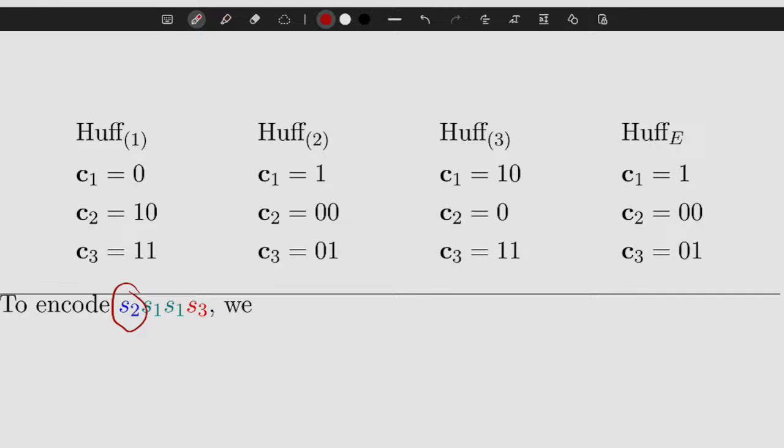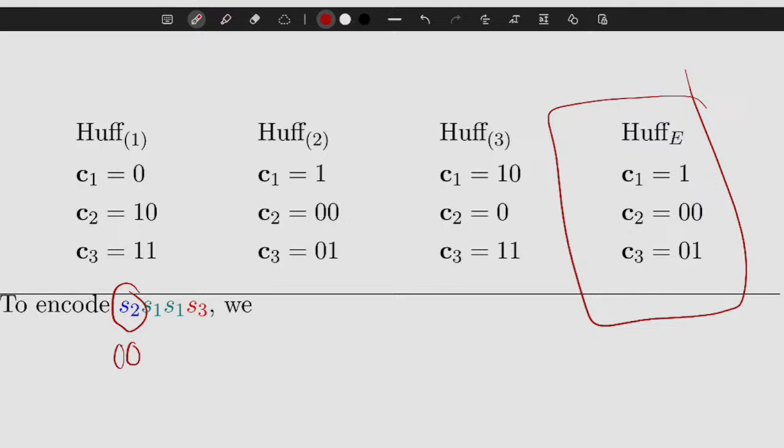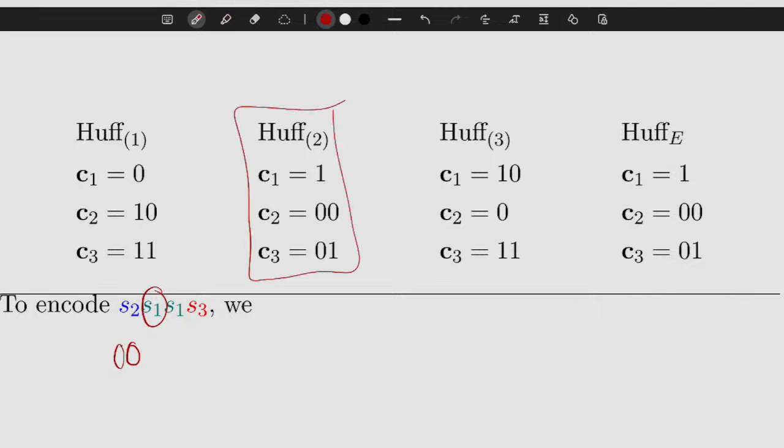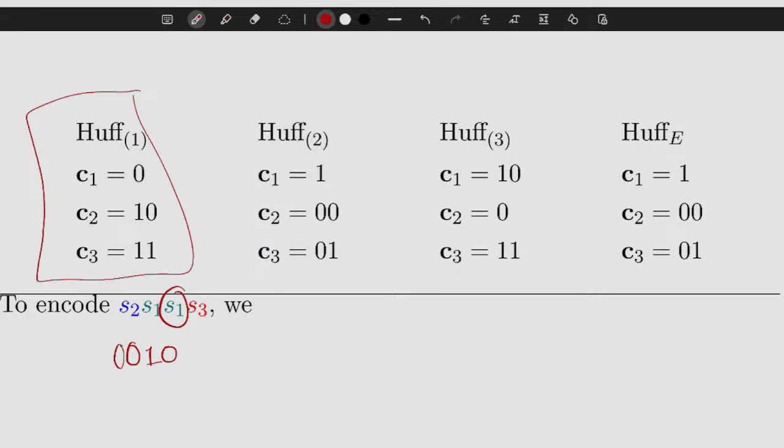To encode S2, S1, S1, S3, the very first symbol I always read off of Huffman E, and that's going to be 0, 0. The next symbol is S1, which has occurred after S2, so we're looking at Huffman 2 now, and the very first one is going to be 1. The next one is S1, which has occurred after S1, so this is going to be 0.